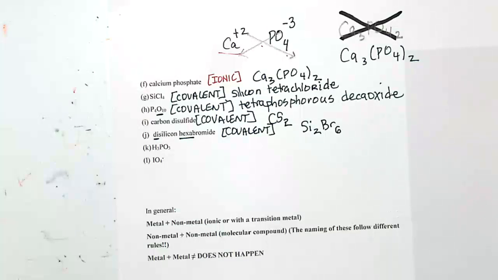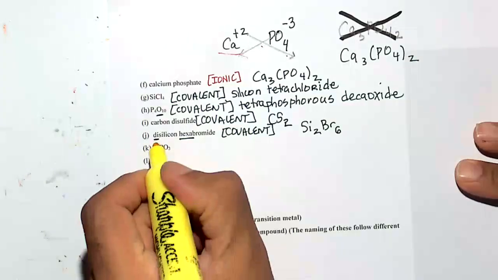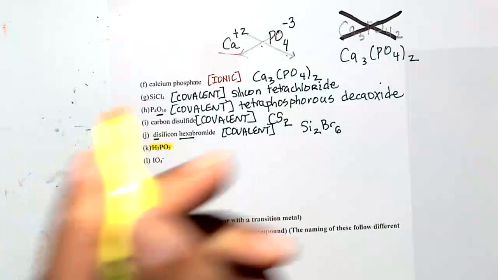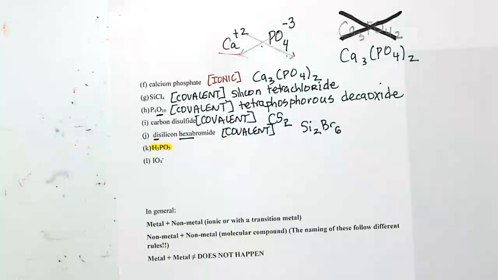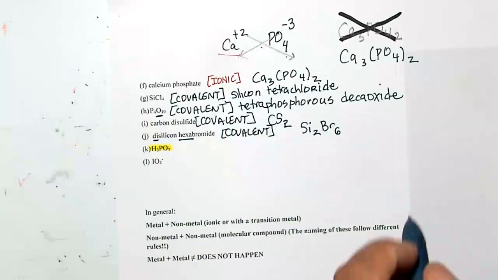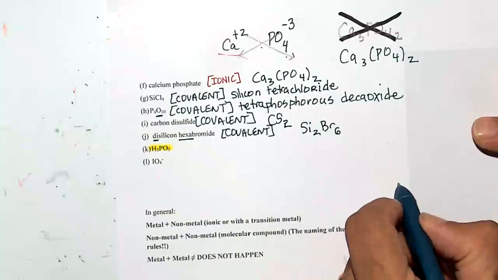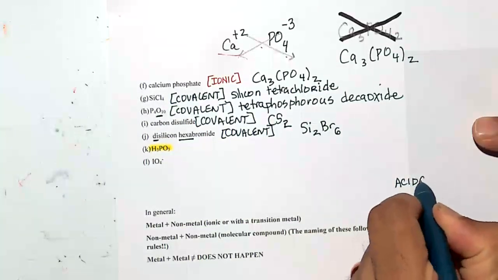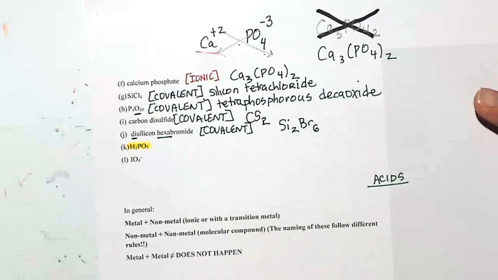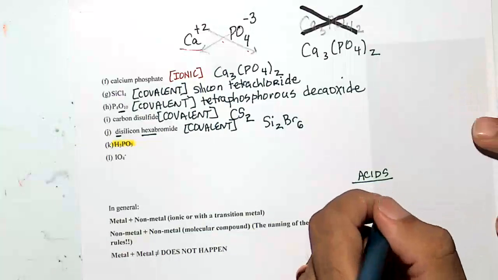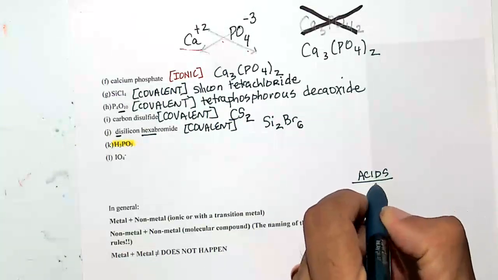Okay. All right, so we have a situation here. I'm not going to test you on it, but we have to deal with acids. Acids are a whole different situation. You do not need to know the theory, but acids give off protons, and a proton here is H+.